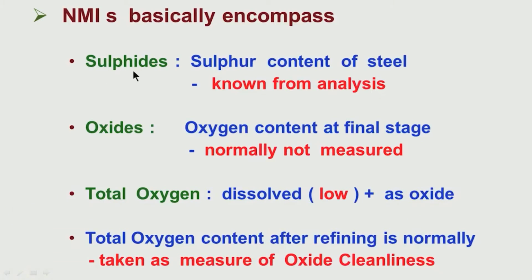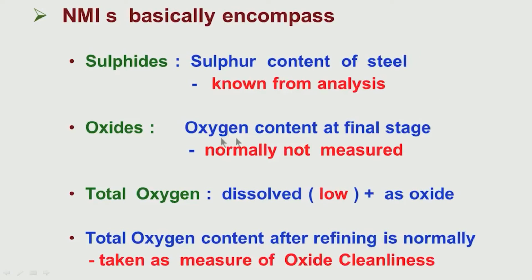We know certain applications for which sulfur has to be less than 0.01 or 0.005 or even 0.003. If the sulfur is more, the sulfide inclusions will also be more. So, from the sulfur analysis, we have some idea of how much sulfide will be present in steel. If the sulfur is less than 0.005, we know the sulfide will be quite controlled.